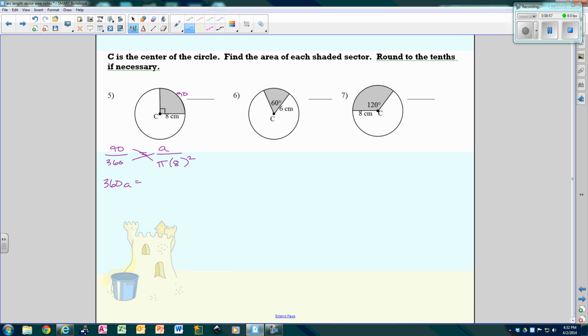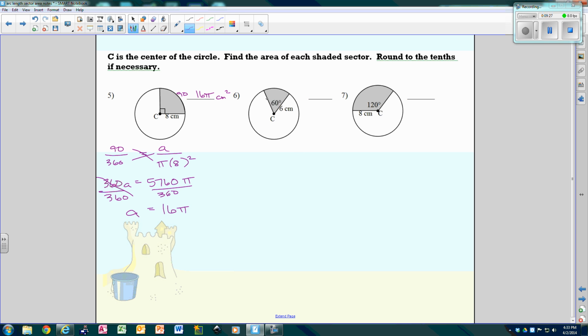And now this time I've got 90 times 8 squared, 5760 pi. Divide by 360, and I get 16 pi. So my answer is 16 pi centimeters squared.